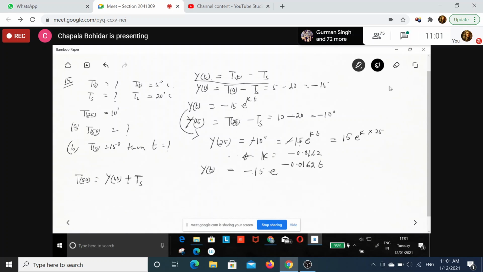So it is minus 15 e to the power minus 0.0162 into 50, plus Ts, which is 20. How much is it, tell me?